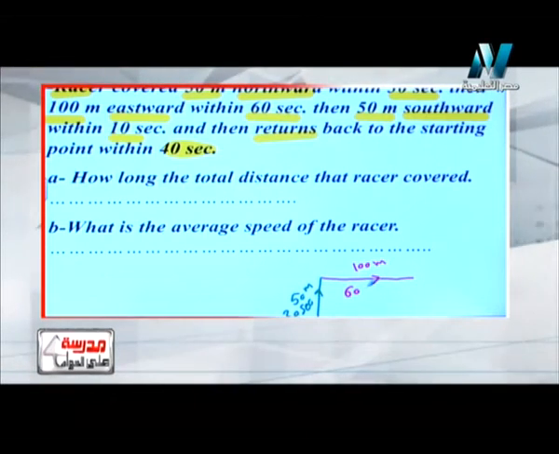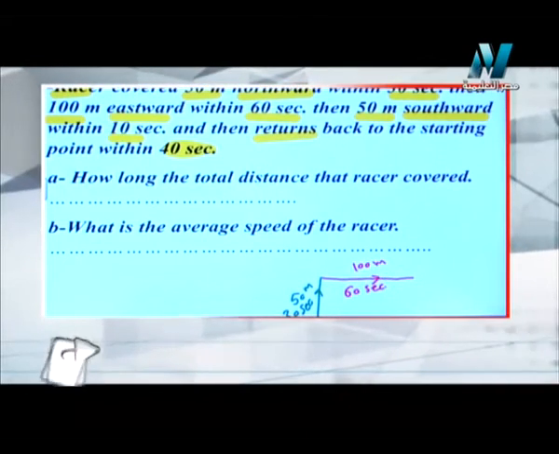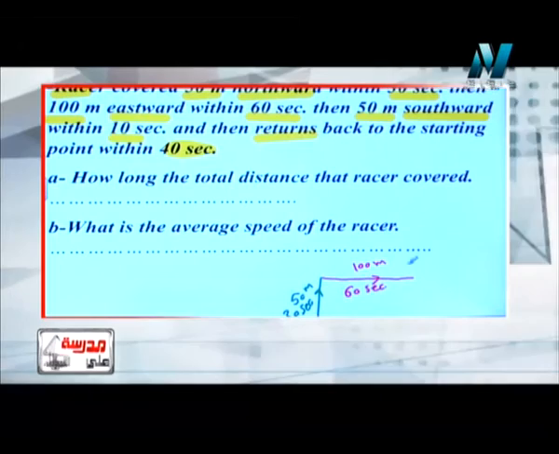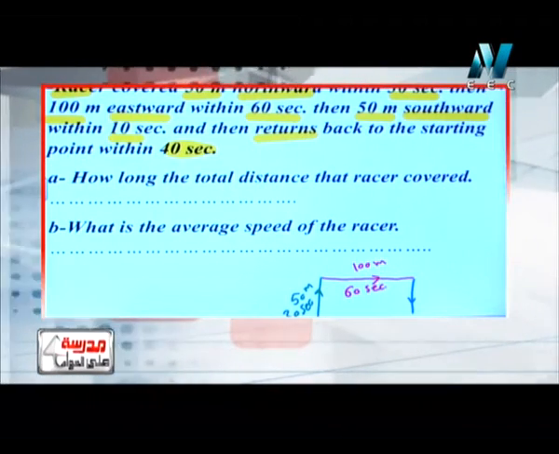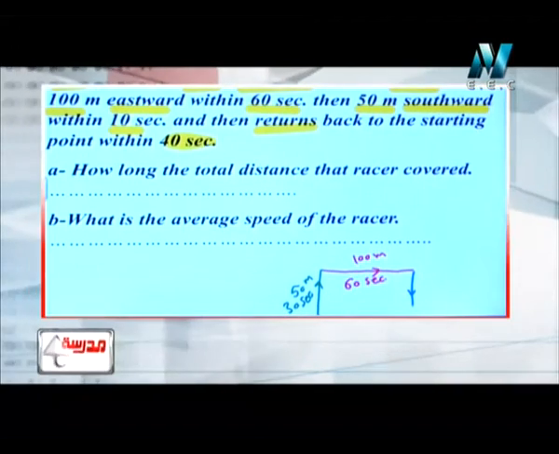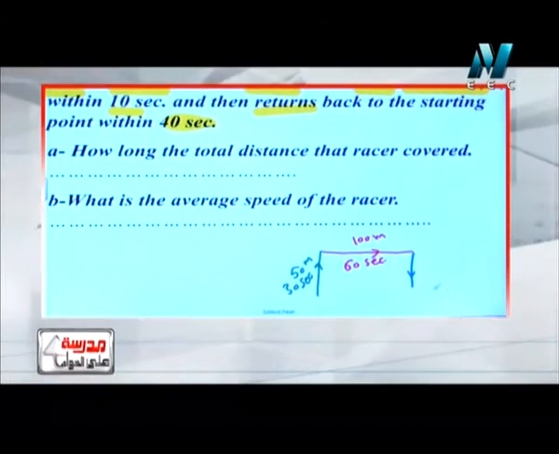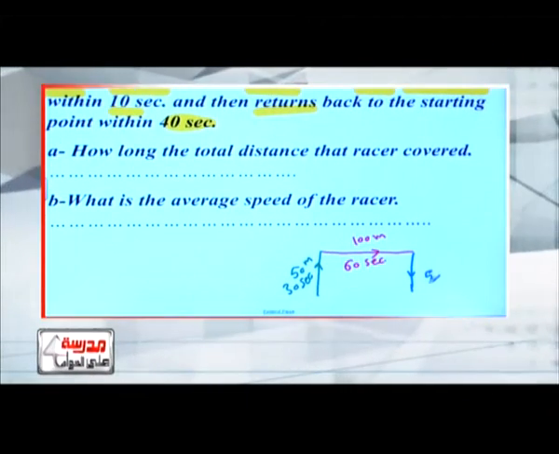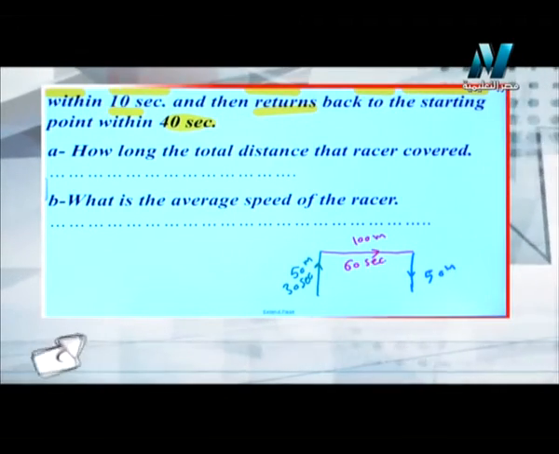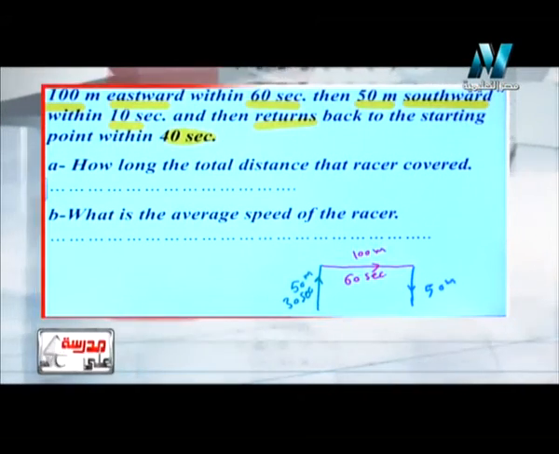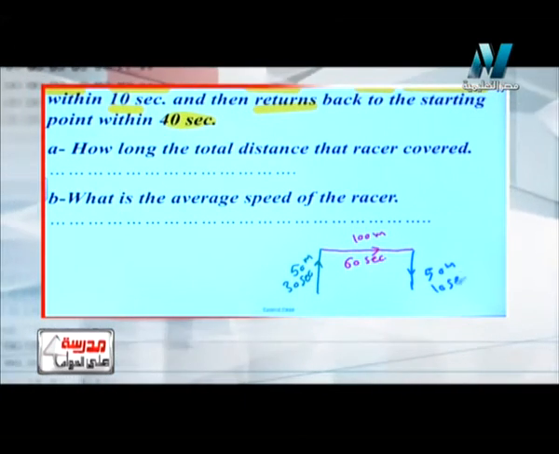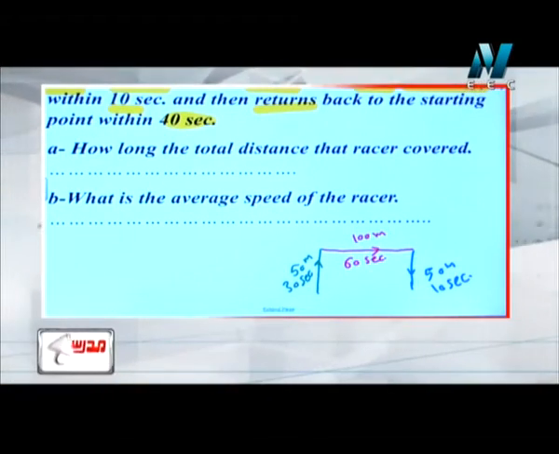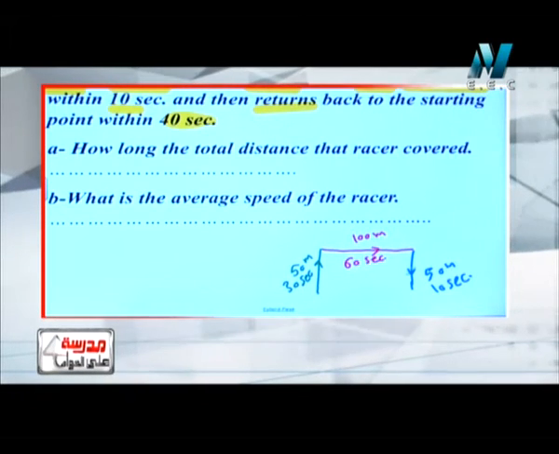Then the same body moves southward, meaning downward, 50 meters in 10 seconds. So I must write 10 seconds. Then it returns back to its origin point, in how many?